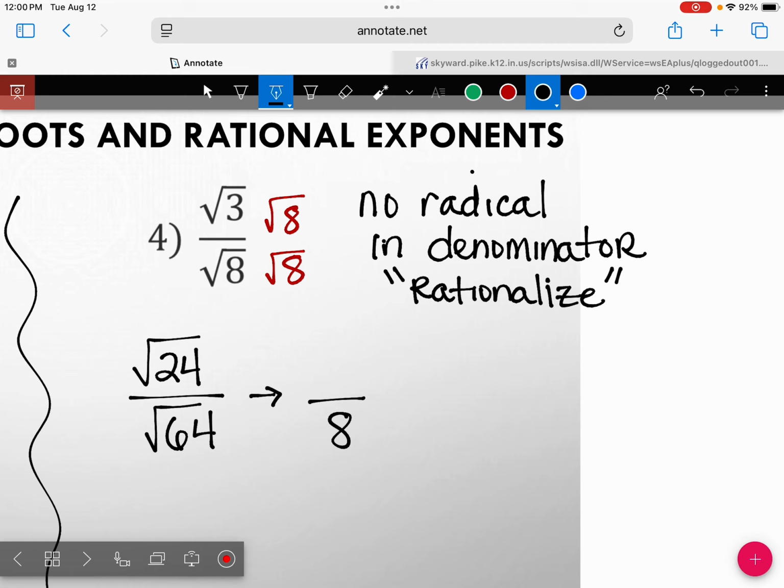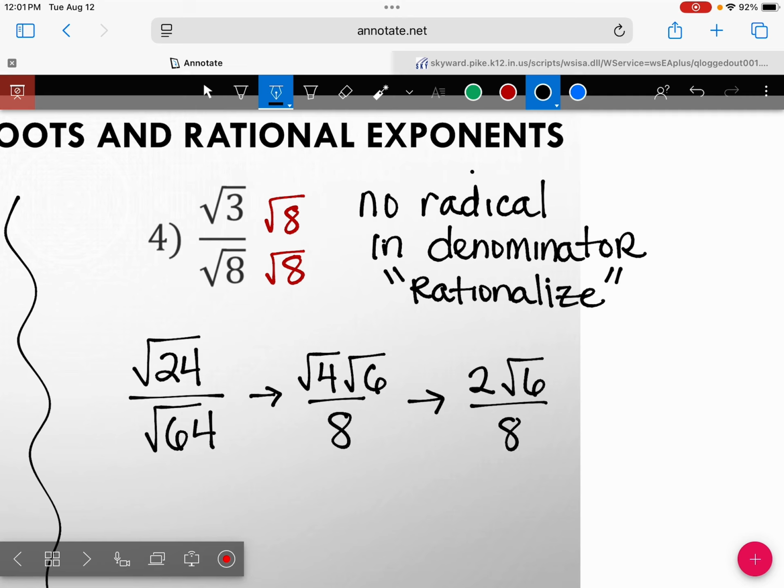But you always want to ask yourself, can I divide it by any of those numbers you see in the front in pink? So which number can go into 24? 4. So I'm going to break this apart to root 4 times root 6, which becomes 2 root 6 over 8, which is a good answer.